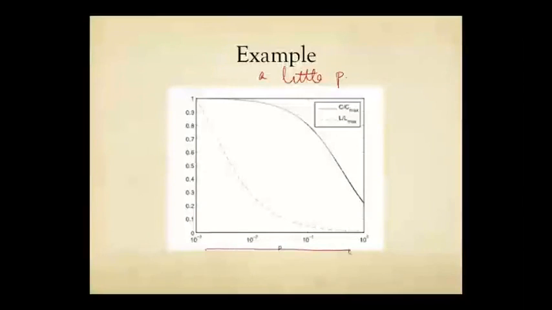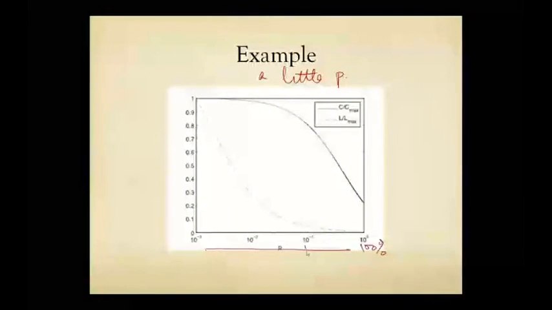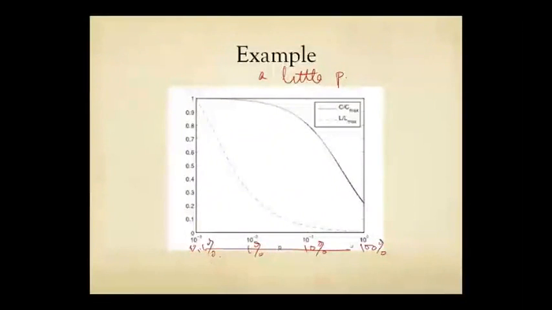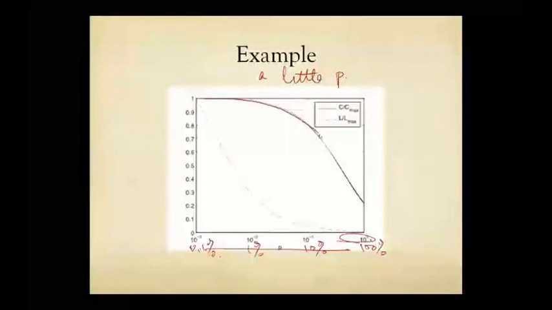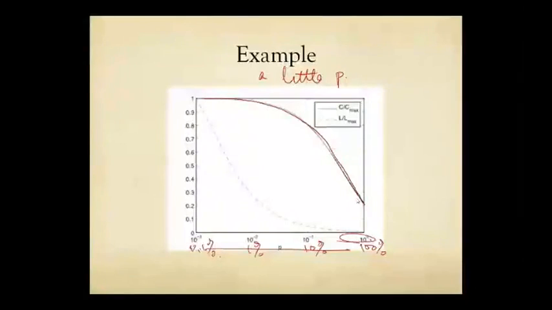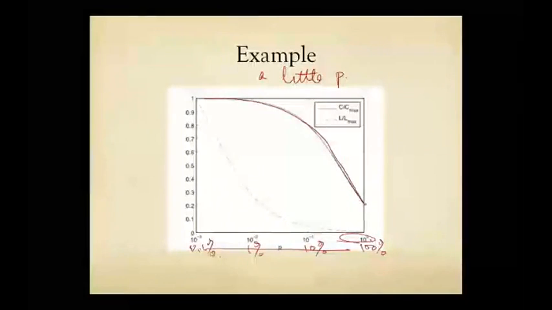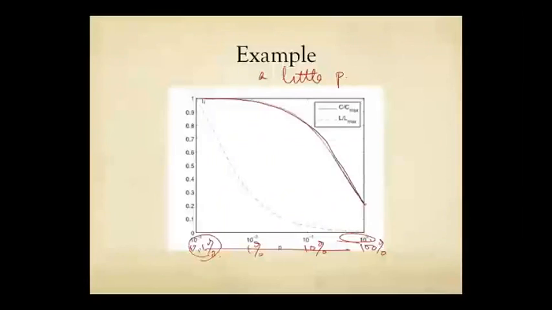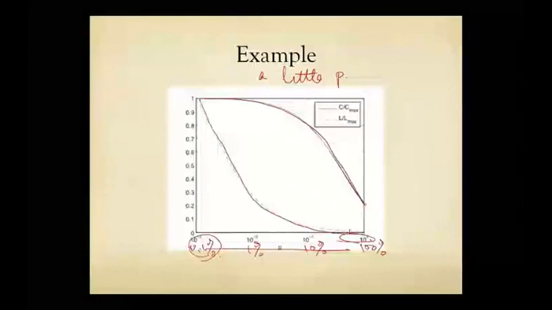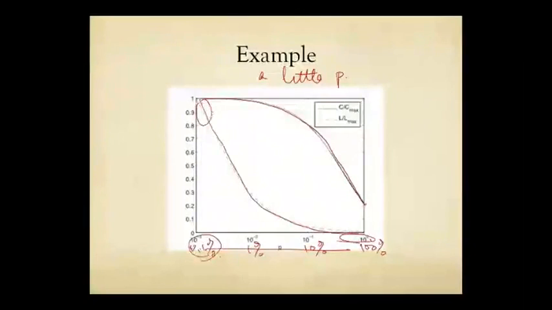Here I'm plotting p on a log scale, from 100% to 10% to 1% and so on to 0.1%. As you can see, when p is sufficiently large, then looking at these two curves, the clustering coefficient, capturing triad closure, would be too small. On the other hand, if randomization is too small, L, the median shortest path length, will still be too high.